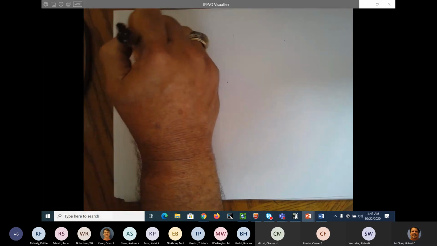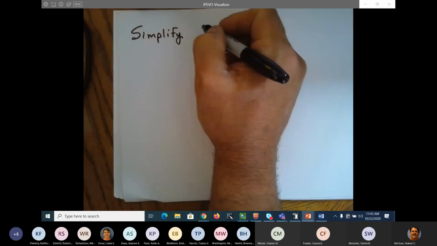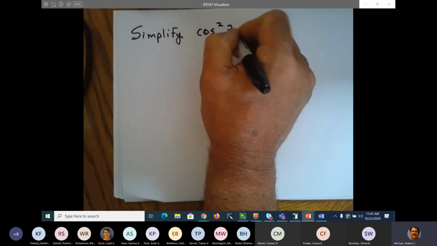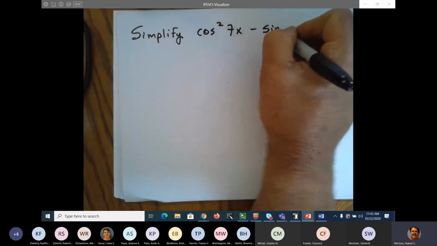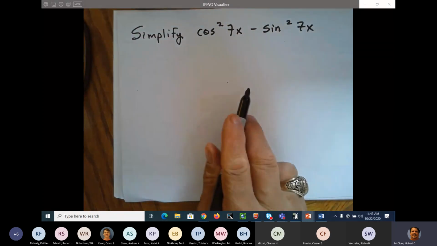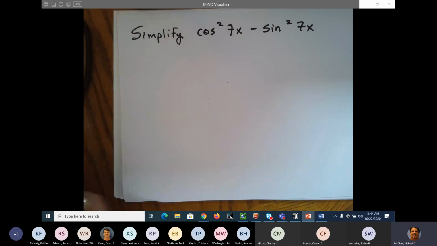Simplify cosine squared of 7x minus sine squared of 7x. Well, that looks just like cosine of 2x. Look at your cosine of 2x.